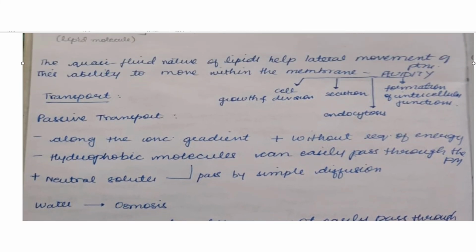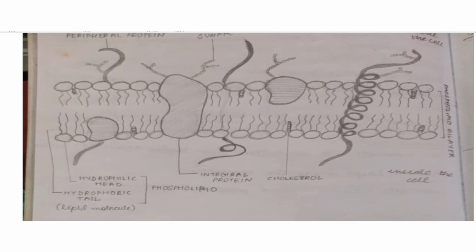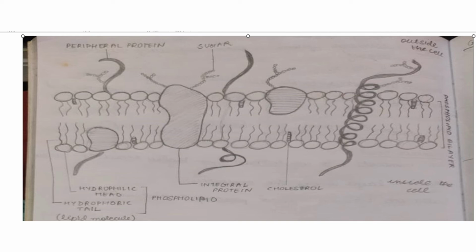Here I want to show you how the actual structure of the lipid bilayer of the plasma membrane looks. Here we can see two layers, hence the name bilayer, composed of phospholipids, hence the name phospholipid bilayer. The first thing we can observe is the peripheral protein, which is clearly present on the outside, so it is peripheral. And these small structures are nothing but sugars or carbohydrates.